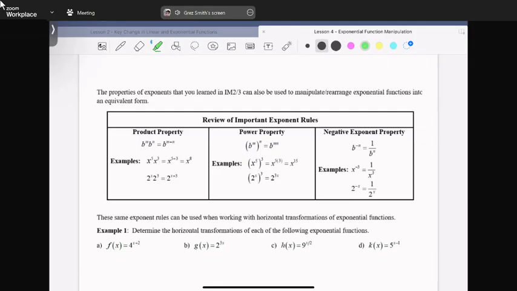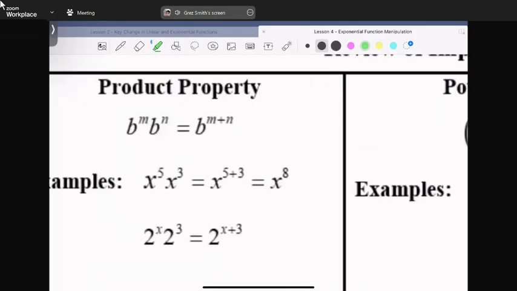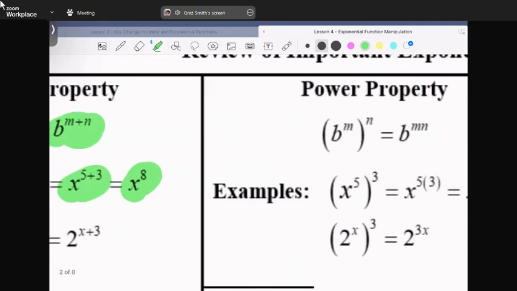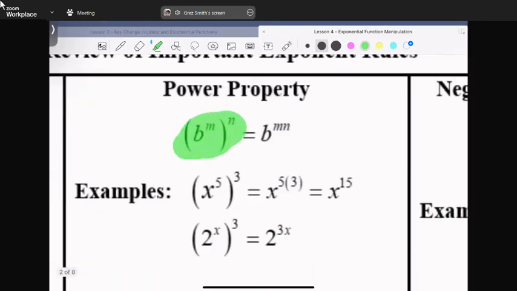The product property, you should be familiar with. This one. And we see it here used in this example. x to the 5 times x to the 3 is x to the 5 plus 3, which is x to the 8. The power property, if we have x to the 5 all raised to the 3, that's x to the 5 times 3, which would be x to the 15.